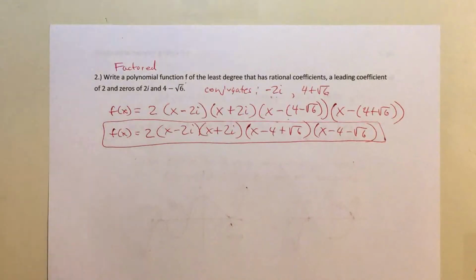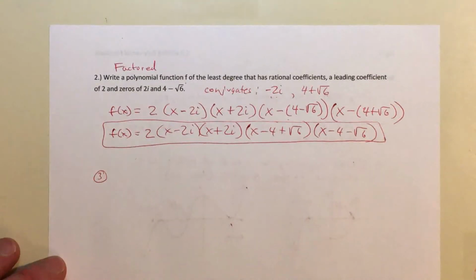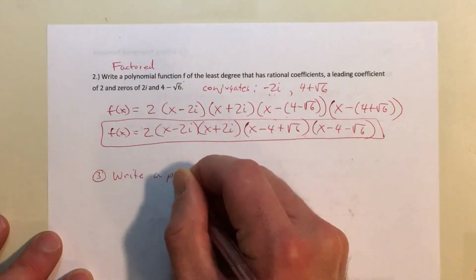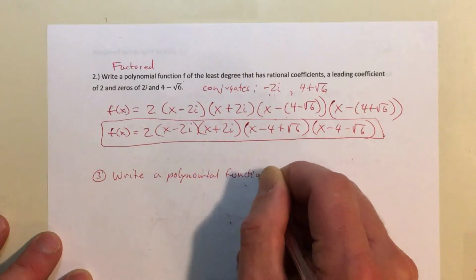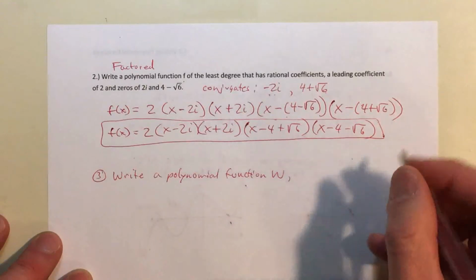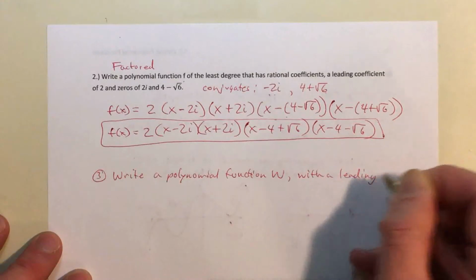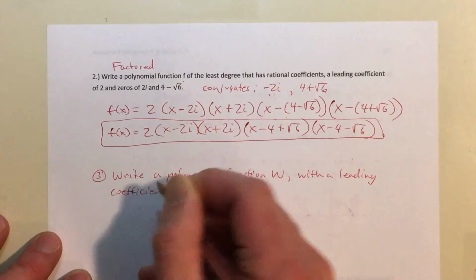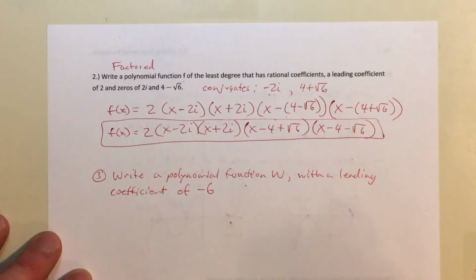Now let's do one more that we actually multiply out. So we'll call it number 3. And we'll say write a polynomial function W with a leading coefficient of -6, just to be different.